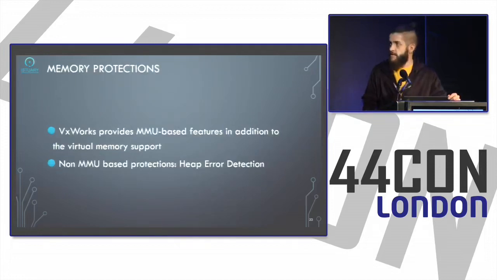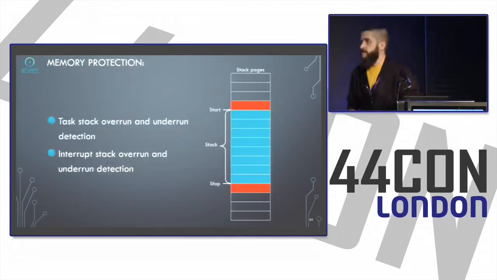So VxWorks provides some MMU-based features in addition to the virtual memory support, and some non-MMU-based protection for the heap. I will detail some of the protections. Here you can see the task and interrupt stack overrun and underrun detection.